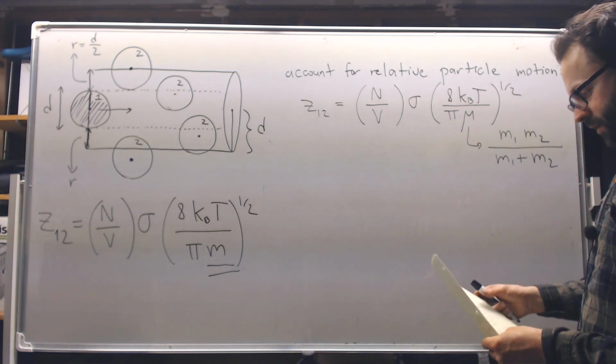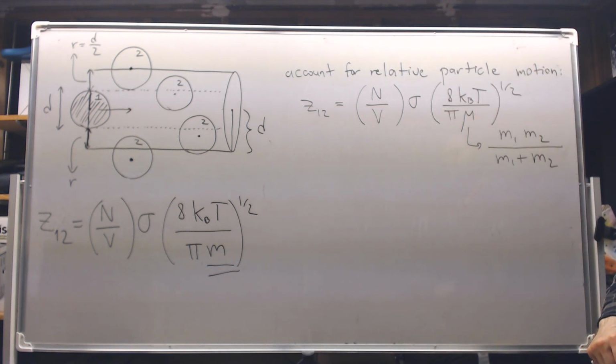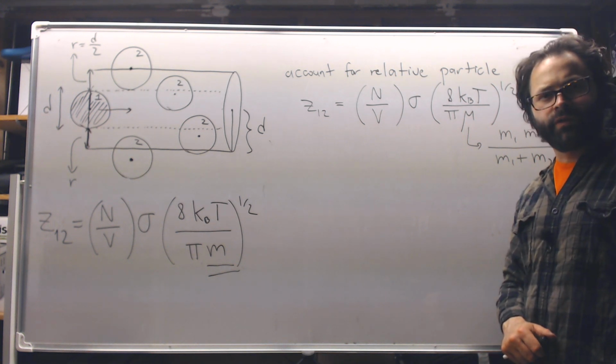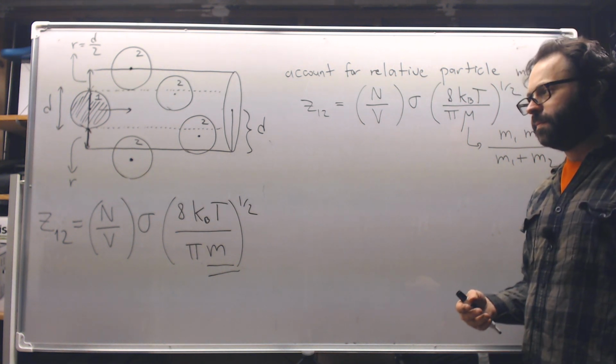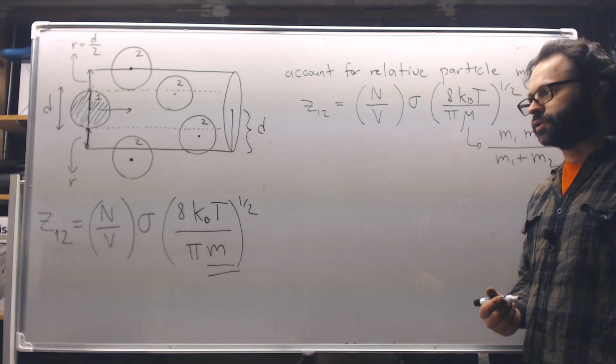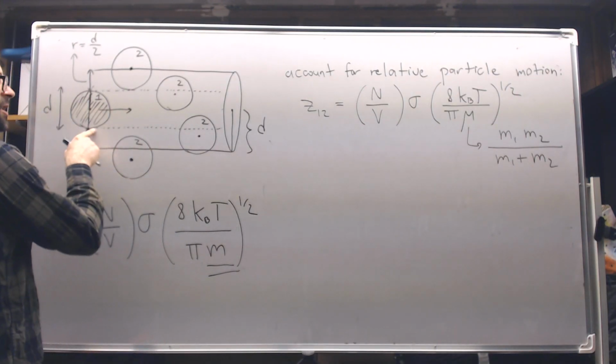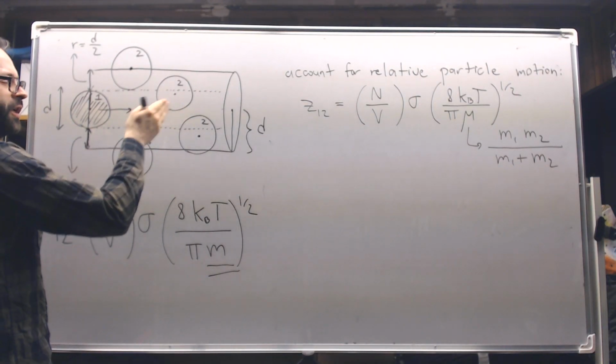Okay. So now that we have the collision rate for a single molecule, it might also be of interest to ask, what is the total rate of collisions per unit time? How many total collisions are there? Well, remember that the test particle that we chose was no more special than any other particle.